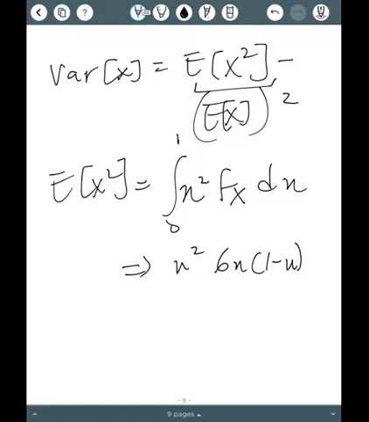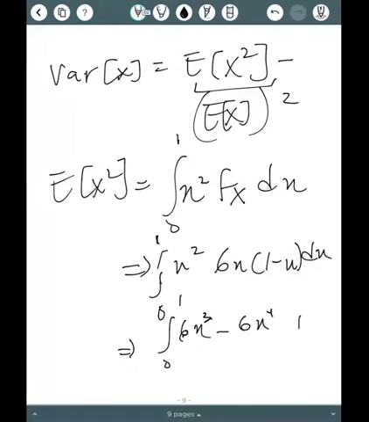So once I'd be done with that, integrate 0 1 dx, so basically पहला वाला टर्म बन जाएगा 6x क्यूब और दूसरा बन जाएगा minus 6x 4. तो आपने इंटीग्रेट करना है 0 1 के बीच में dx पे.